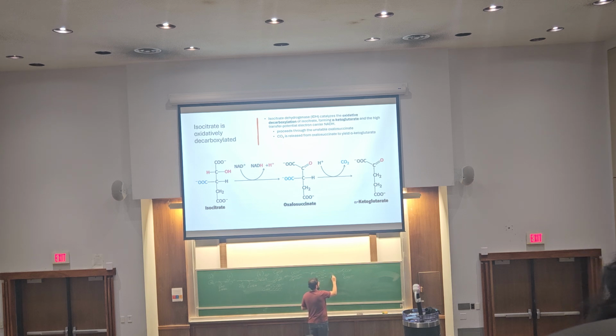this as carbon dioxide. And if this is an oxidation, what else do we need? Yeah, we lost the carbon dioxide. What else do we need? If this is an oxidation of isocitrate to alpha-ketoglutarate. Right, we need an electron acceptor if we're oxidizing something. In this case, we are going to use NAD+.